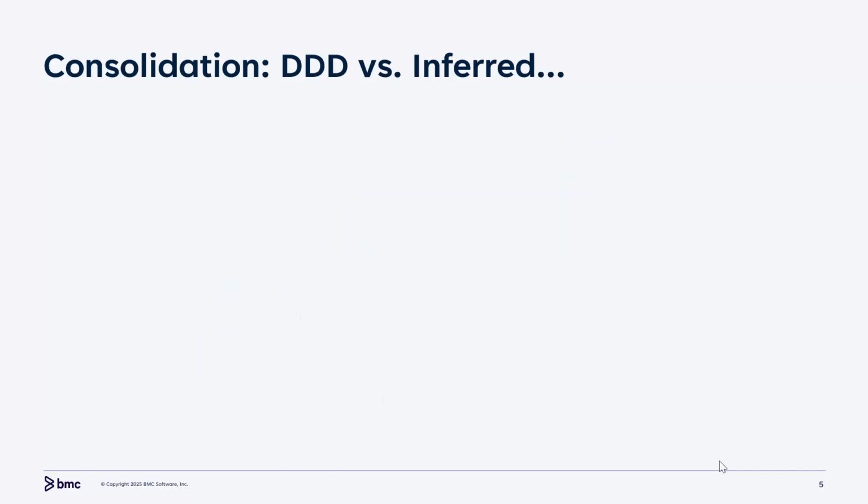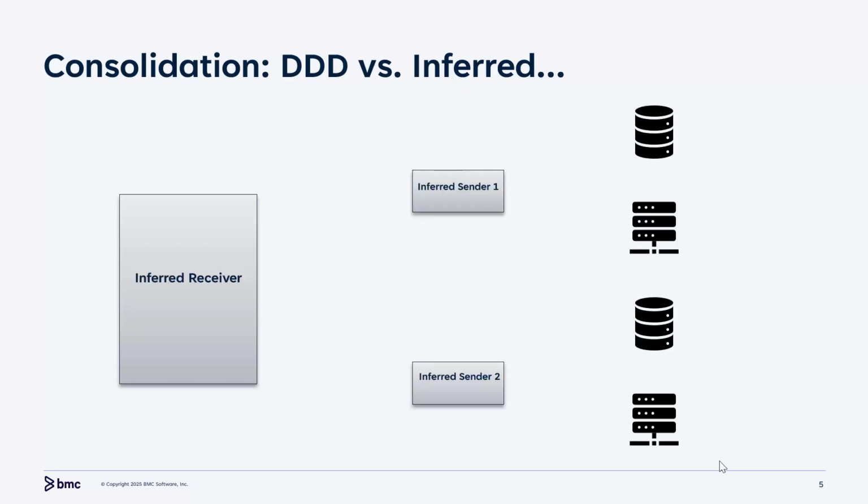For the Inferred Model Consolidation, the deployment architecture would look similar, but here instead of calling a scanner or DDD sender, I'm calling them an inferred sender, and for the consolidator, I'm calling that an inferred receiver. These inferred senders will be configured to sync data to the inferred receiver. When it comes to the discovery, the inferred sender will play the same role.